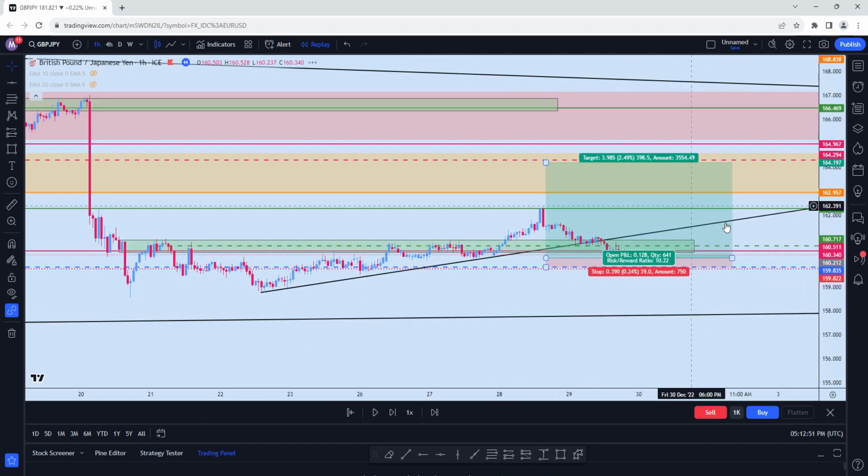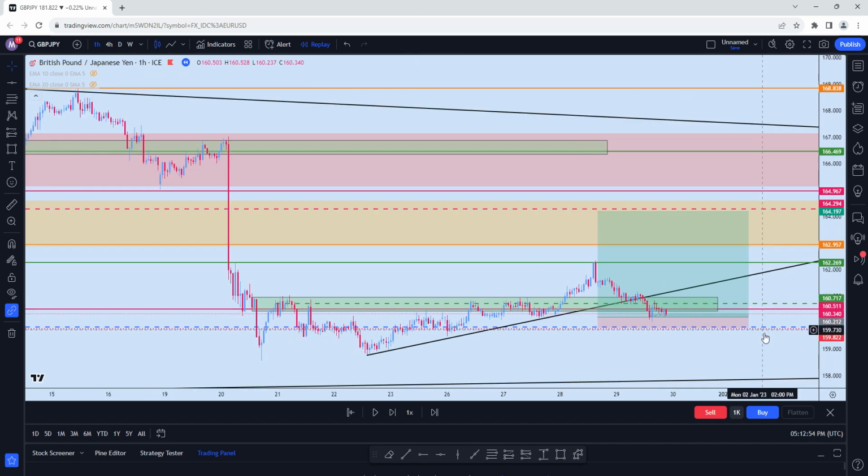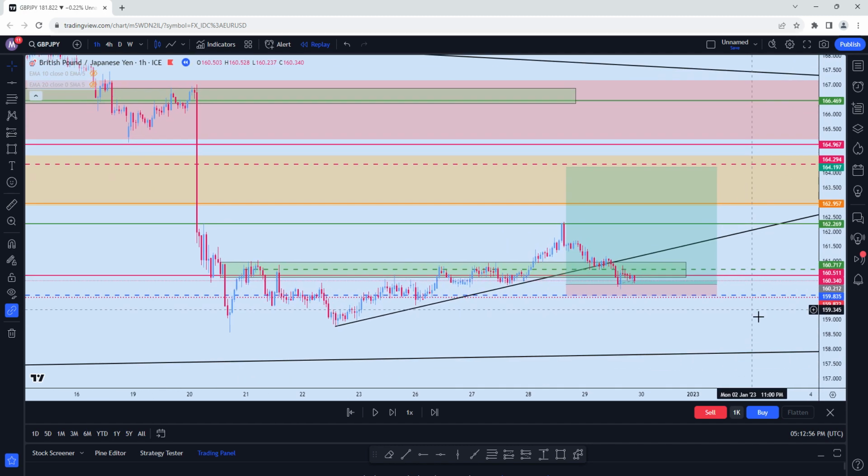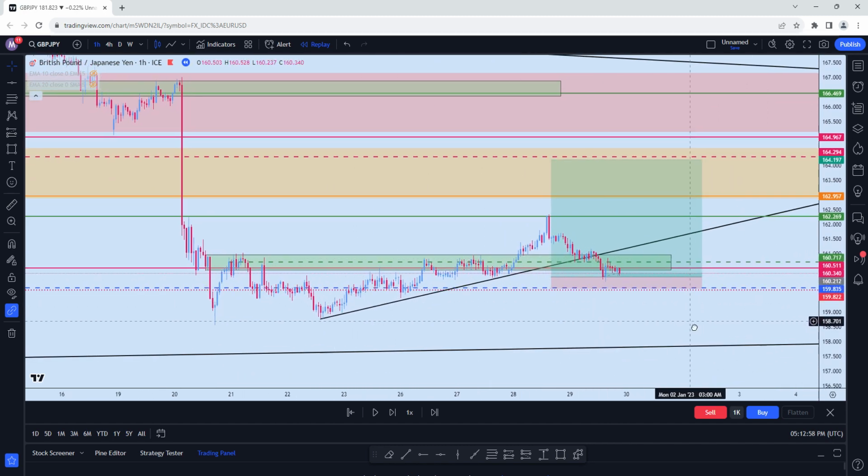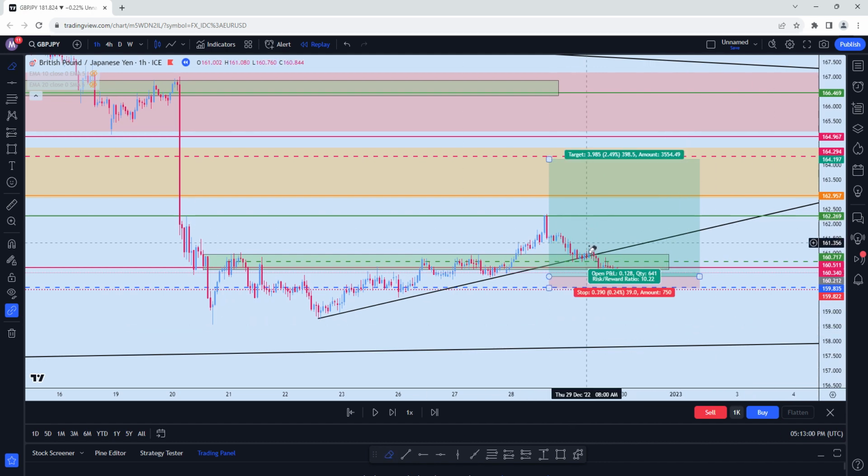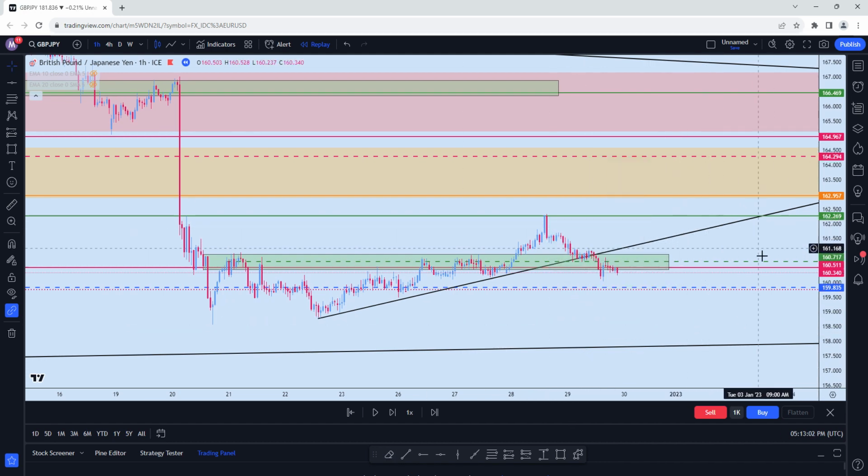Okay, then maybe it's going to go lower. And maybe my entry is wrong. But it's reacting from a weekly level and experience says, okay, let's just get this trade. Let's just see what's going to happen.